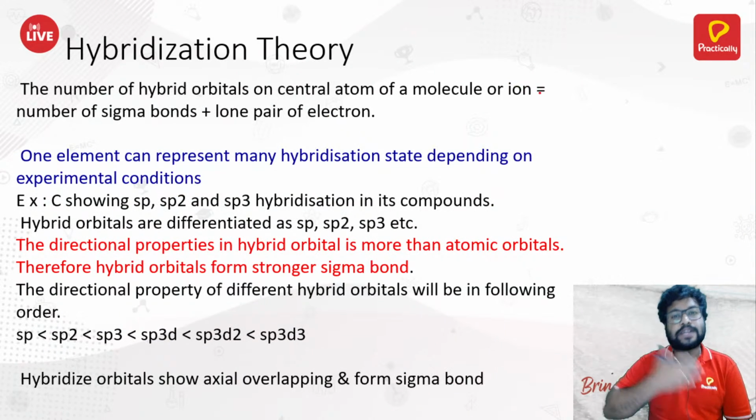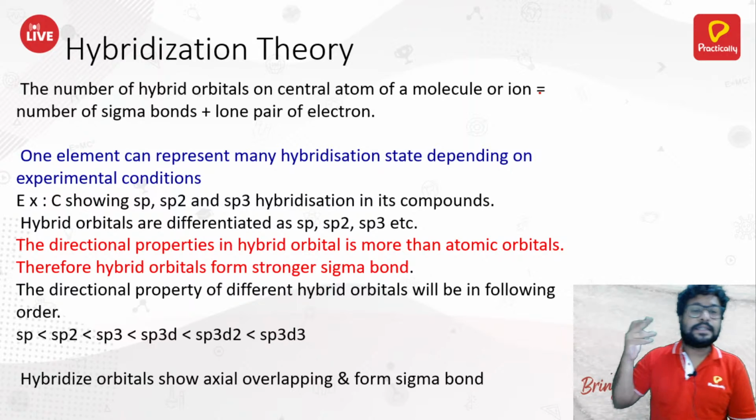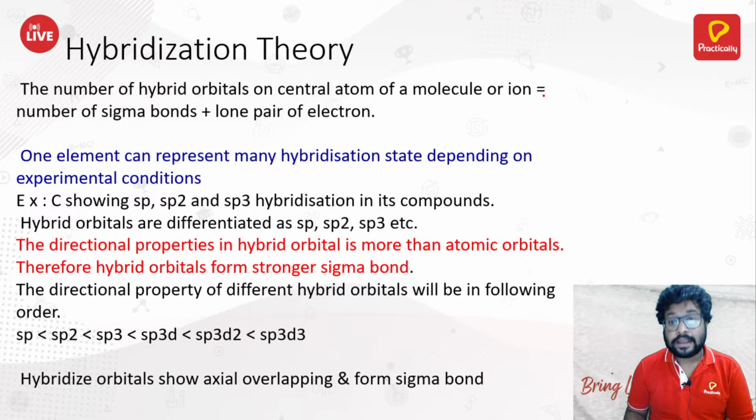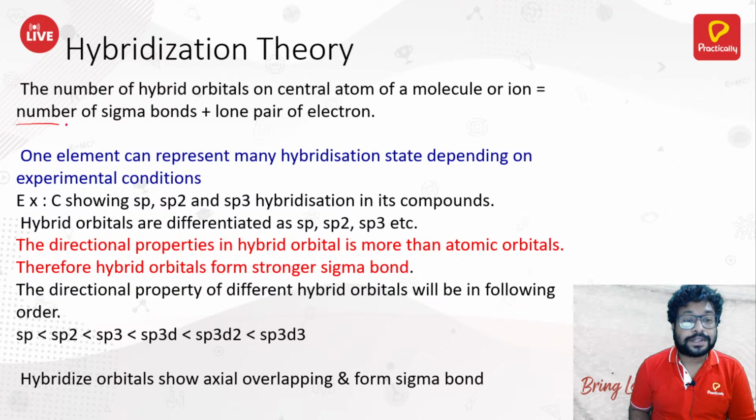Let's see some of the facets of hybridization theory. The number of hybrid orbitals on the central atom of a molecule or ion is equal to the number of sigma bonds plus lone pairs of electrons.